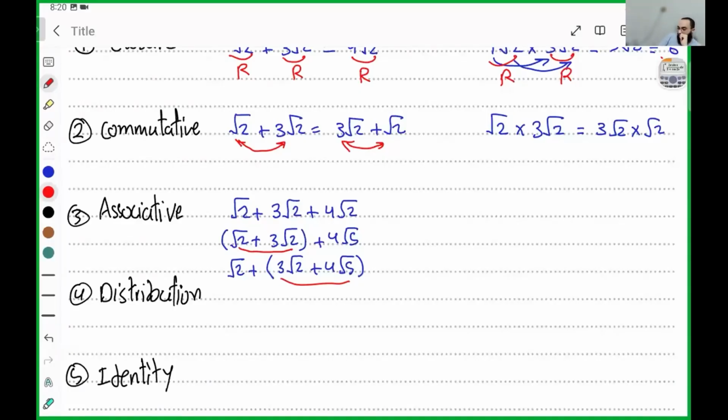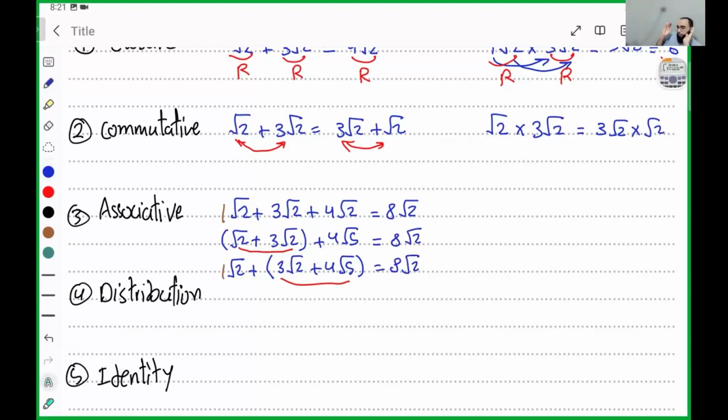1 plus 3 is 4, 4 plus 4 is 8, so 8√2. And here, √2 plus 3√2 equals 4√2, and 4 plus 4 is 8. What about this? 3 plus 4 is 7, and 1 plus 7 is 8 also.